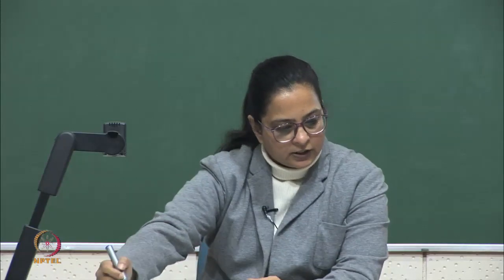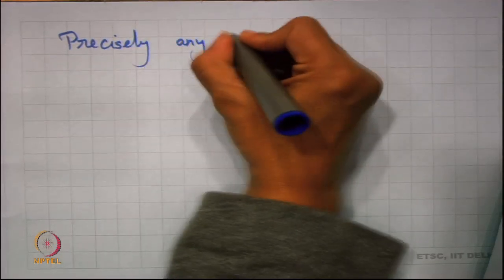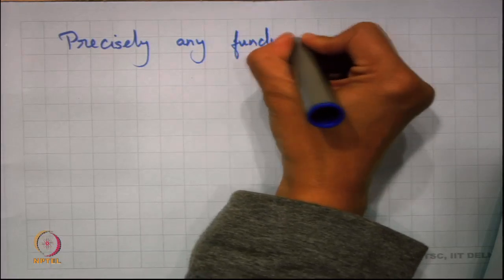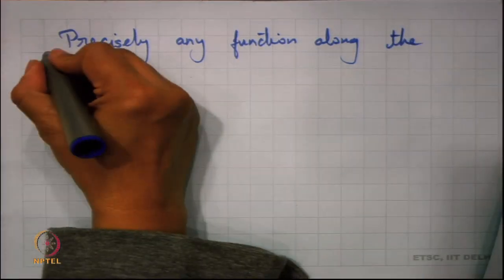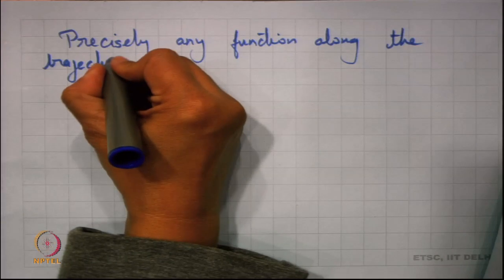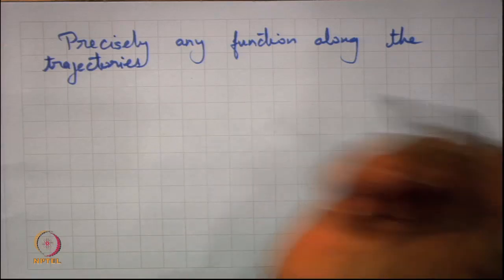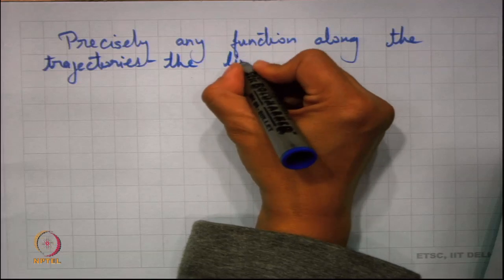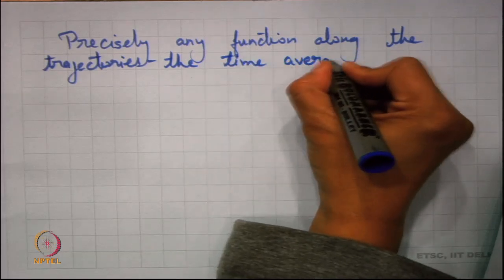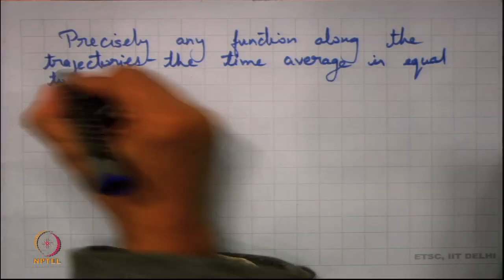Basically, we can say that for any function along the trajectories, the time average is equal to the space average.